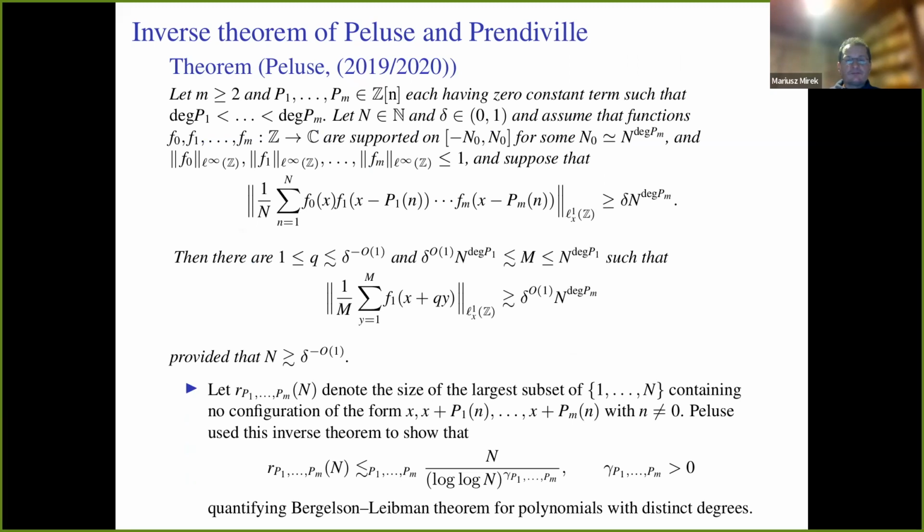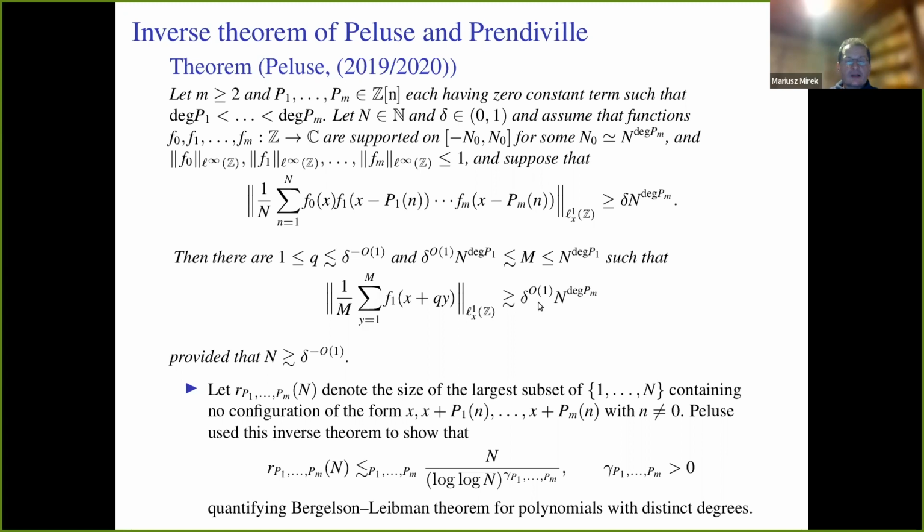This is the inverse theorem, a certain structural result, which says that if the L1 norm of this multilinear form is large in terms of this delta, then we can find an integer not too big, such that this average restricted to a certain arithmetic progression with spacing Q is also large. And here it's important that we have this polynomial dependence on delta.